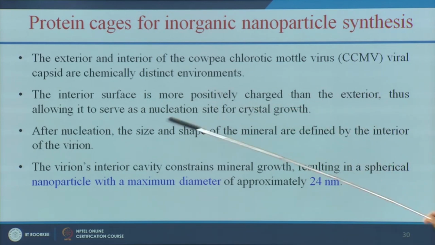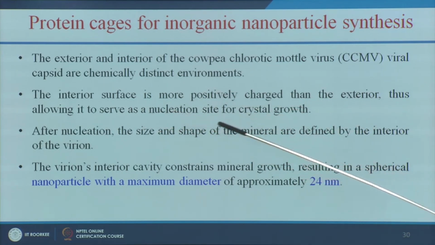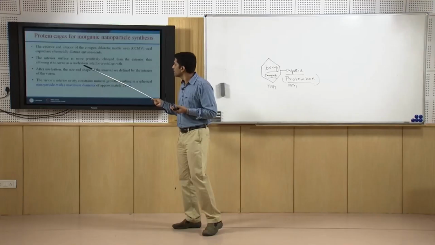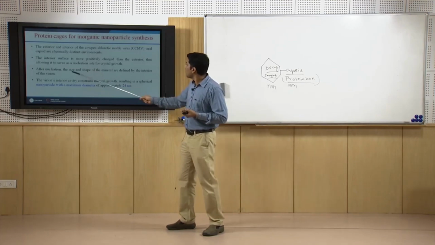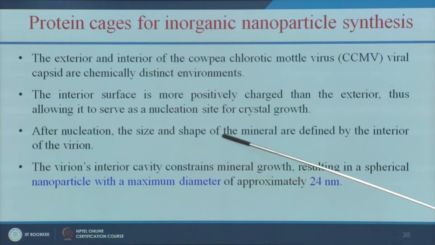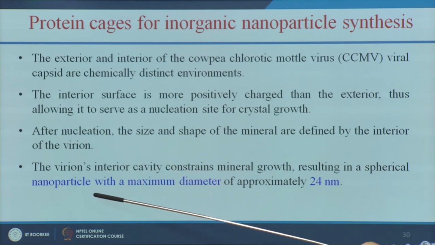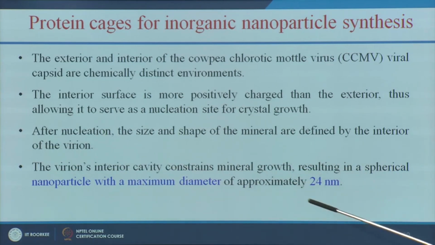So this will serve as a nucleation site for crystal growth. As I told you in one of the second lectures, nucleation is a very important process for nanoparticle synthesis. After the nucleation, the size and shape of the mineral are defined by the interior of the virion, and it can make a nanoparticle of maximum size of 24 nanometers, and also it can make uniform size nanoparticles.